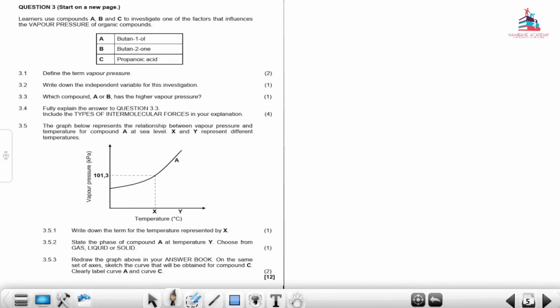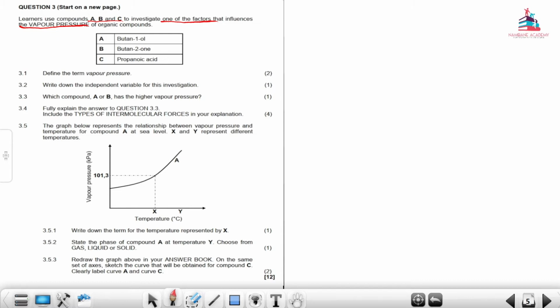From the information that is given, believe you me, all the concepts will start making sense. Let's look at the information given. It says learners use compound ABC to investigate one of the factors that influences vapor pressure.